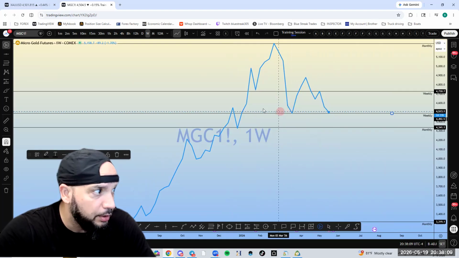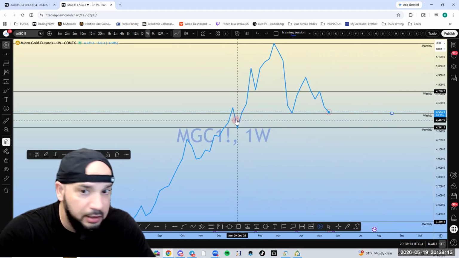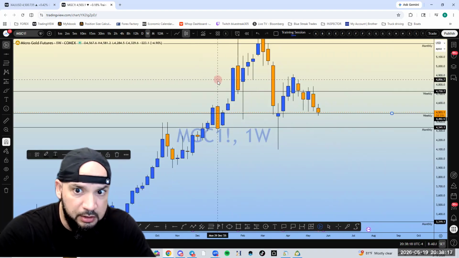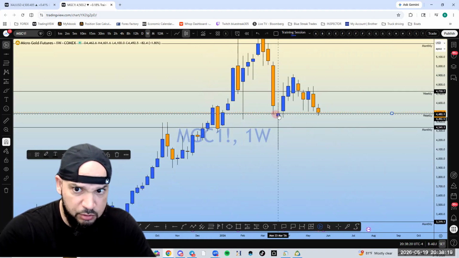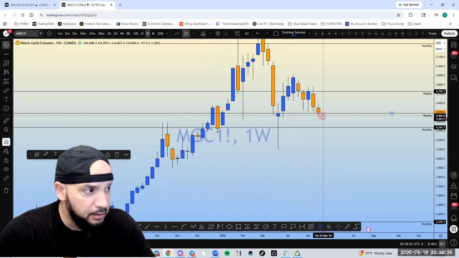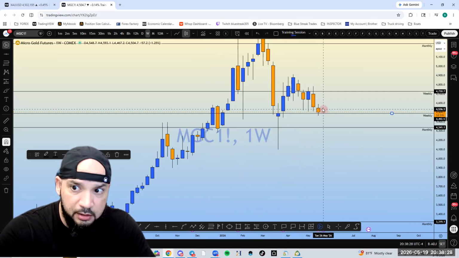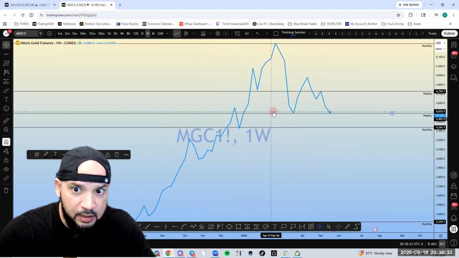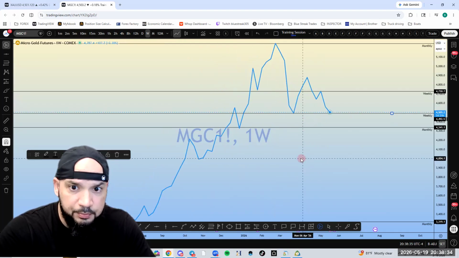Sometimes it's going to be a point and a whole sphere that's going to pierce through it and then come back down. If you want to see what that looks like on the candle chart, that's what it looks like. Regardless, it's still an area of interest, because look what price is doing when it got to it again. It starts rejecting in that weekly key level. That's how these key levels work.